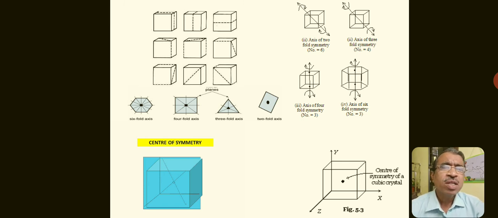In this slide, I have shown there are 9 planes of symmetry, and how it looks, the 4-fold symmetry, 3-fold symmetry, 2-fold symmetry, as well as the 6-fold symmetry, and also the center of symmetry.